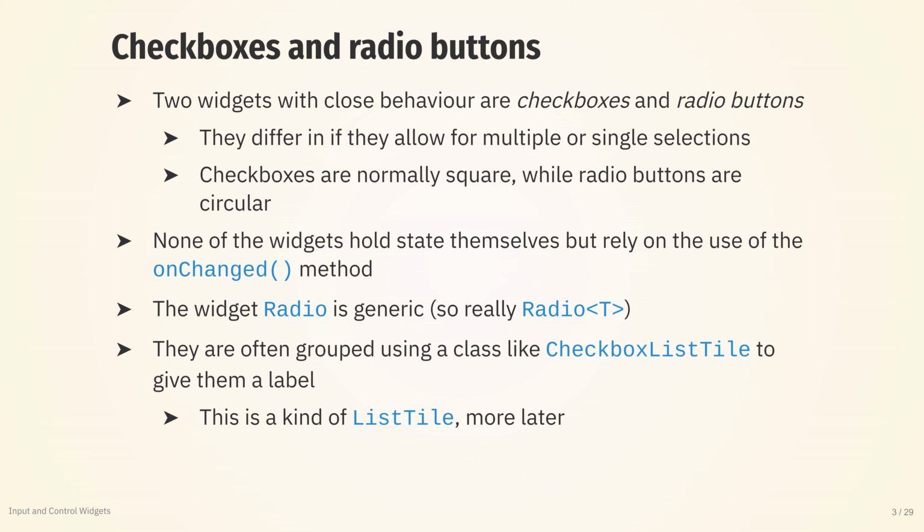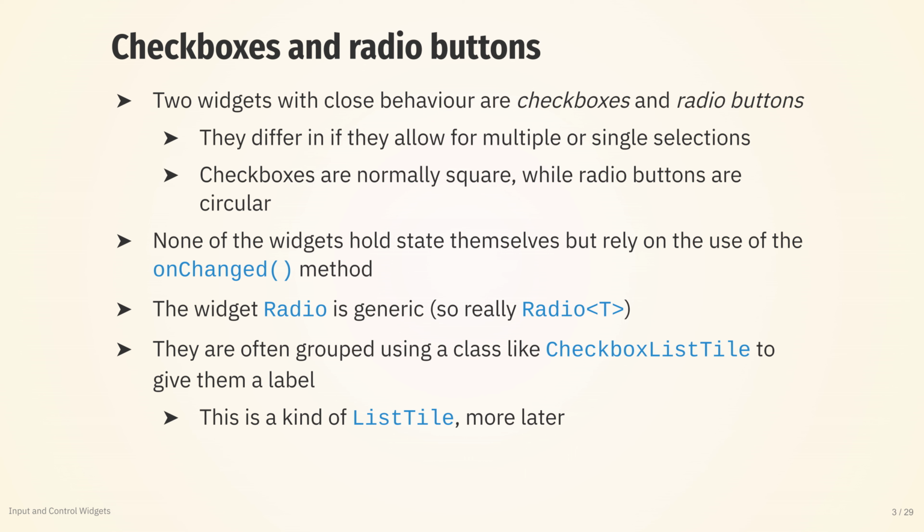Checkboxes allow for multiple selections, while radio buttons only allow one selected option. And they can, of course, be styled in any way you like, but the material design versions that we have seem similar to how these are normally displayed. That is, with a square for checkboxes and circle for the radio buttons.